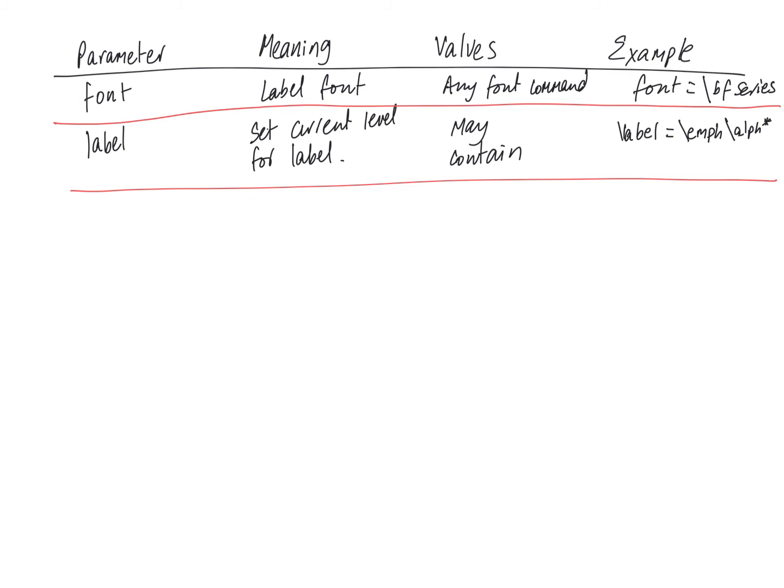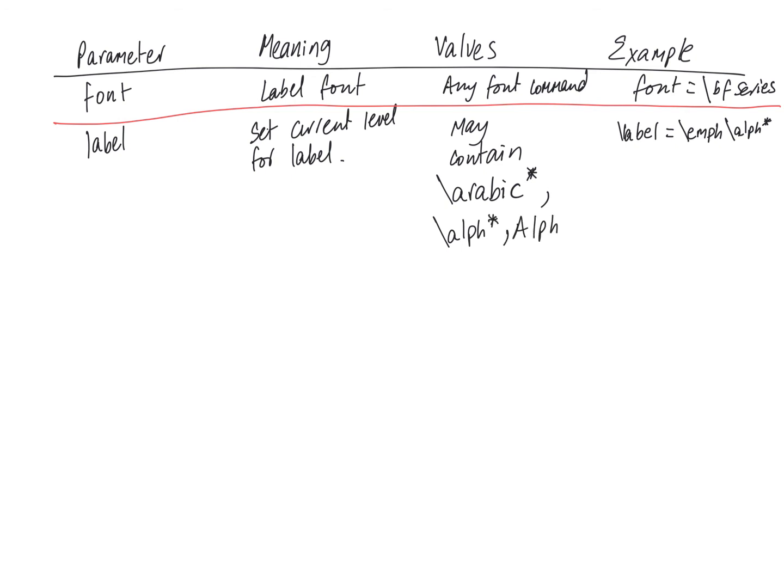So you could also do other stuff. Let me add a few things. Let's say if we wanted to do maybe Arabic, or maybe Alp star or Alp star, or maybe Roman, or capital with the capital R. So a few things.